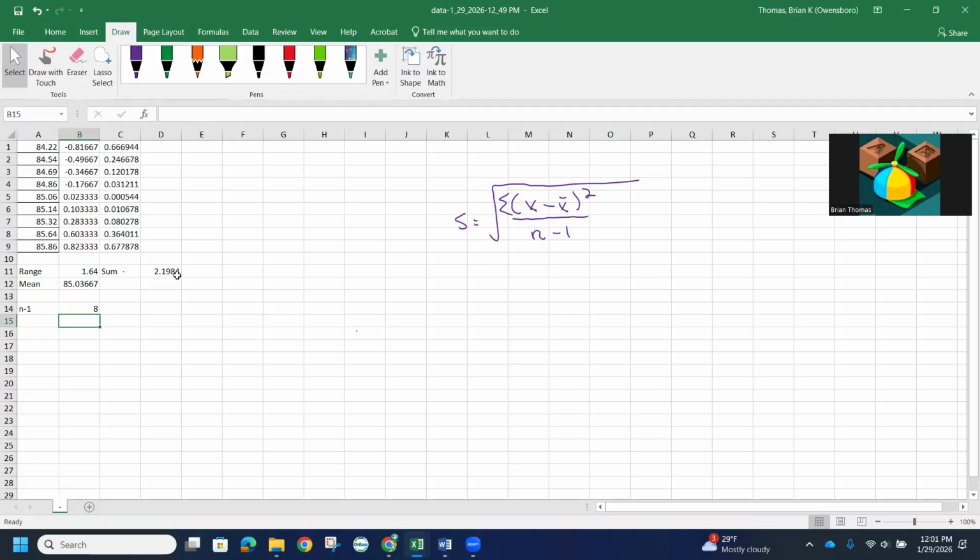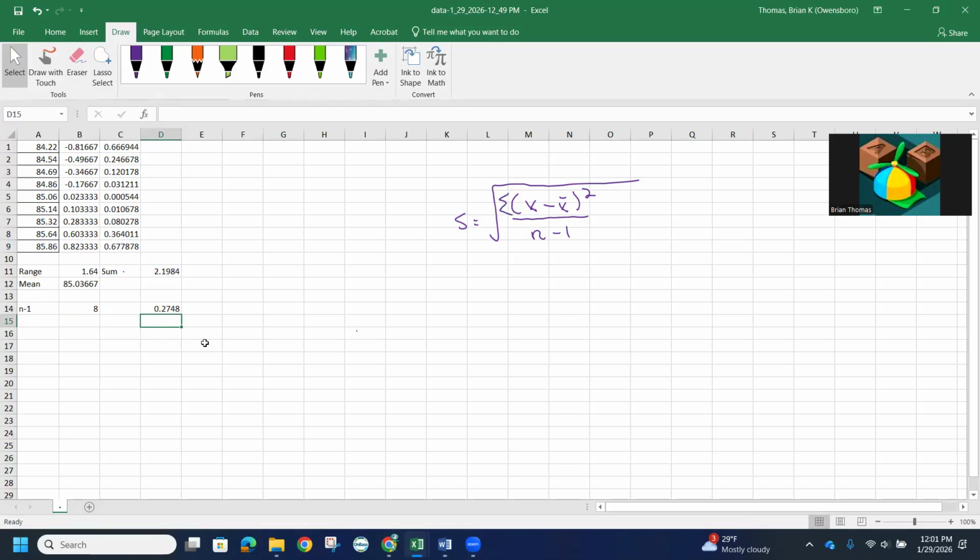So if I now divide that by 8, we'll just put that here. Say, hey, we're going to divide this number by this number. So this is going to be D11. If I divide D11 by this cell here, which is B14, hit enter, that'll give me this fraction here.